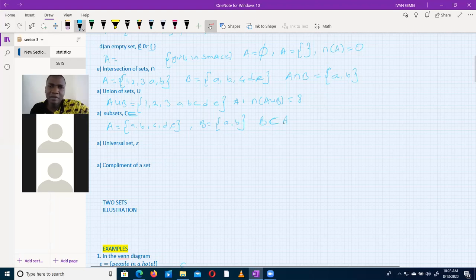B is a subset of A, meaning all elements in B are also in A. But in this case, A is not a subset of B. This is what we use. A is not a subset of B. B is a subset of A.